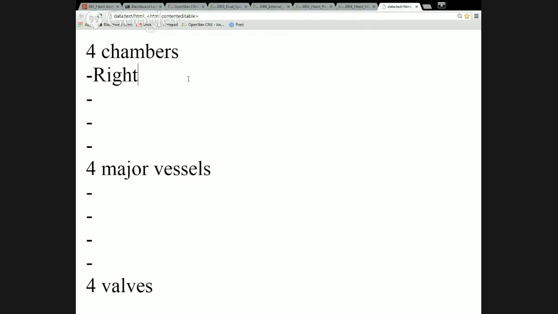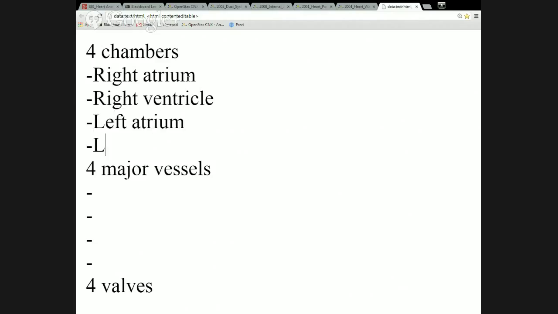So we have the right atrium and the right ventricle, and then the left atrium and the left ventricle. Now, I could certainly have said the right atrium, left atrium, right ventricle, left ventricle, but I put it in this order specifically because it has to do with the way that the blood moves through the heart, which we'll see in a little while.